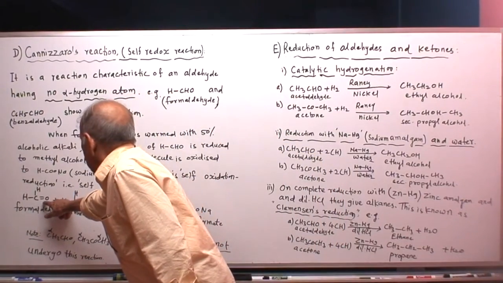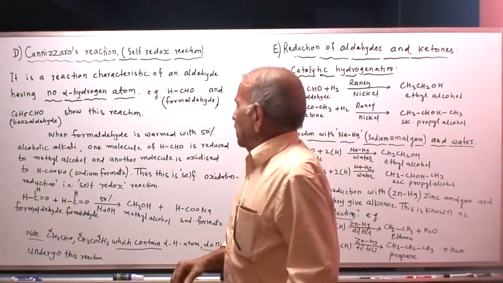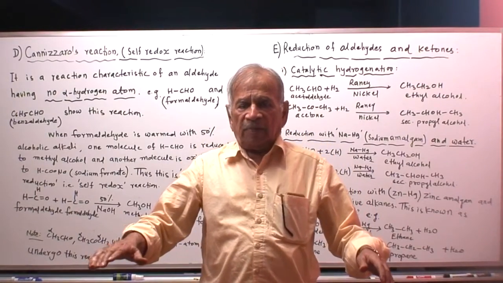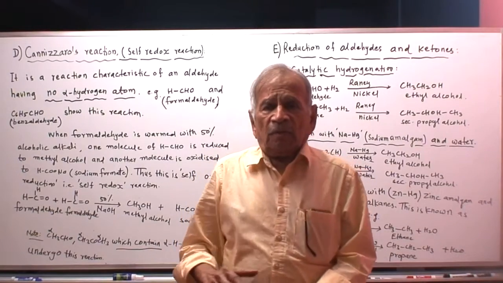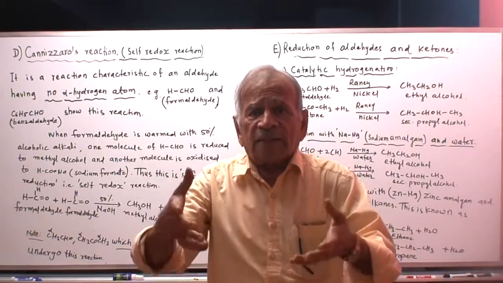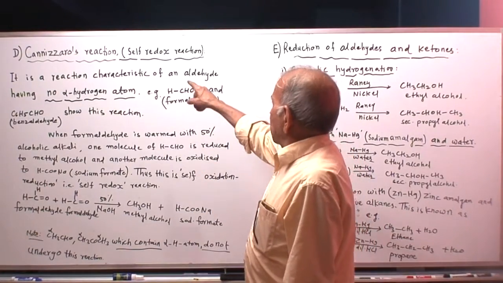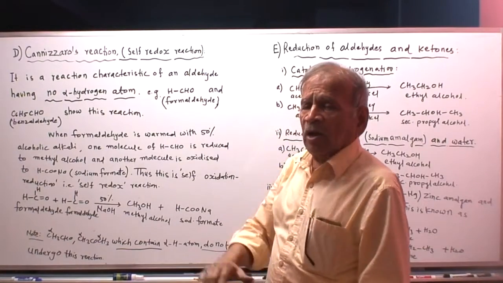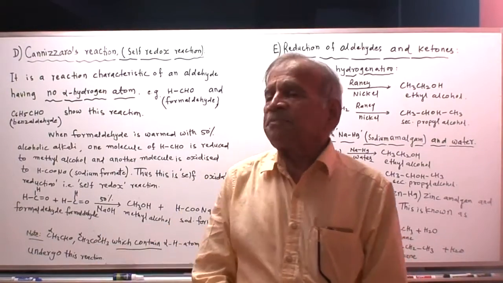One molecule of formaldehyde is reduced to methyl alcohol and another molecule is oxidized to sodium formate, that is sodium salt of formic acid, wherein both oxidation and reduction occur in one and the same reaction. Hence the reaction is referred to as self-oxidation reduction reaction or self-redox reaction.